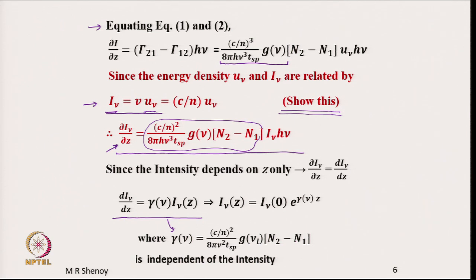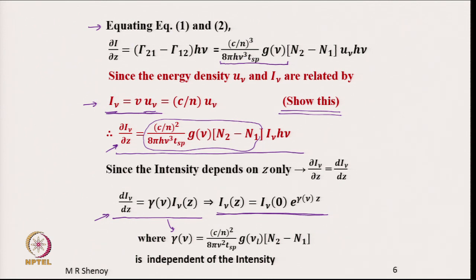Once we have dI_ν/dz equal to γ(ν) into I_ν(z), we can bring I_ν(z) to this side in the denominator and integrate, and then we get I_ν(z) equal to I_ν(0) into e to the power γ(ν) z.